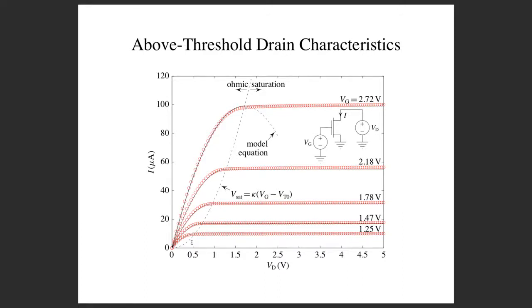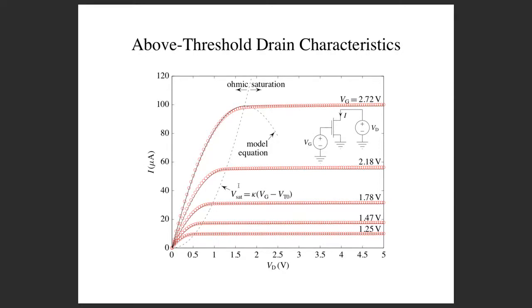So instead of having a nice vertical line demarcating the boundary between the ohmic and saturation regions on this family of drain characteristics, we have this kind of parabola that opens up like so. And here the saturation voltage is basically kappa times (Vg minus Vt0). This is actually Vd sat. Vds sat would be kappa (Vg minus Vt0) minus Vs.